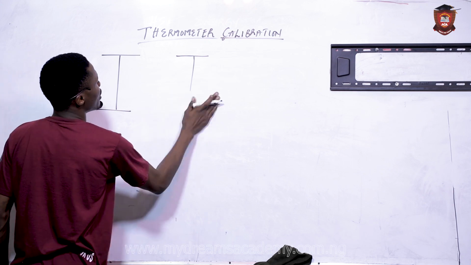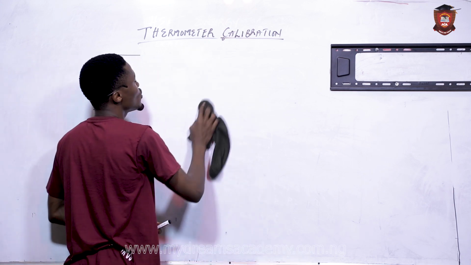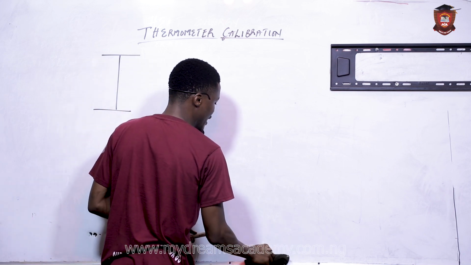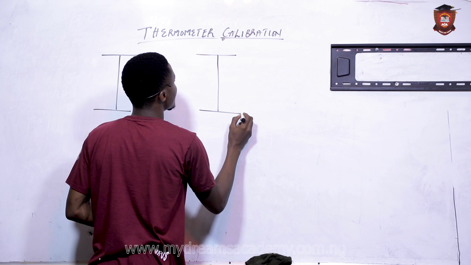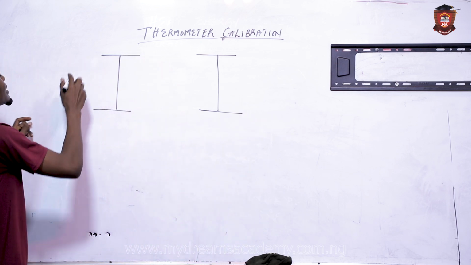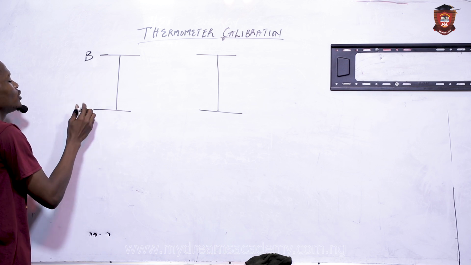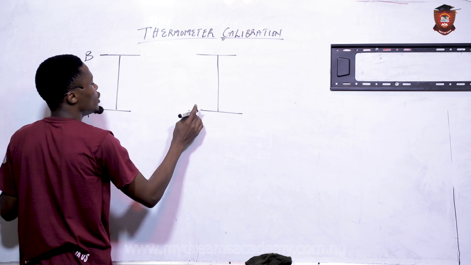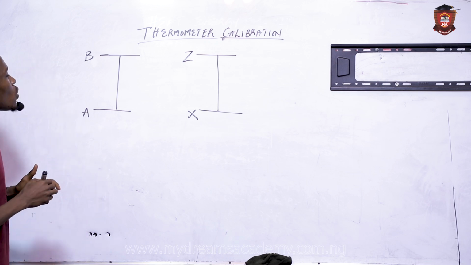Remember I said for the scales that there are two very important temperatures. And what are those two important temperatures? The upper fixed point and lower fixed point. So let's assume that the upper fixed point of this one is B, and the lower fixed point here is A. The lower fixed point here is X. This one is Z. So what does that mean?